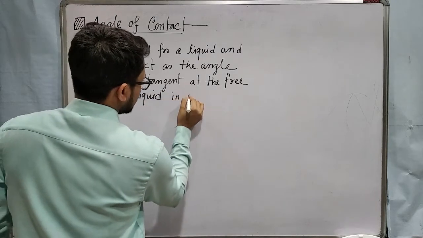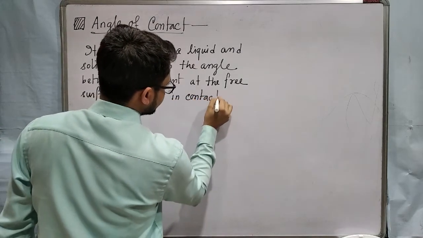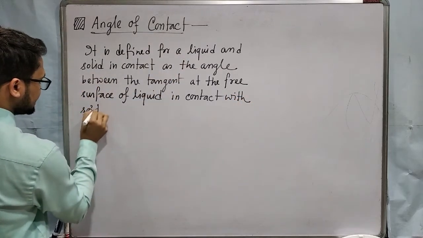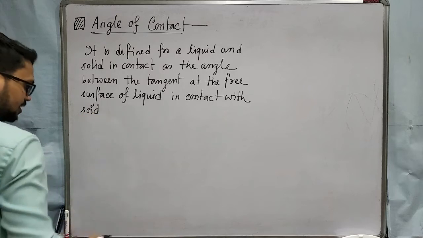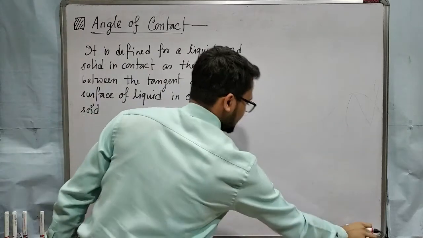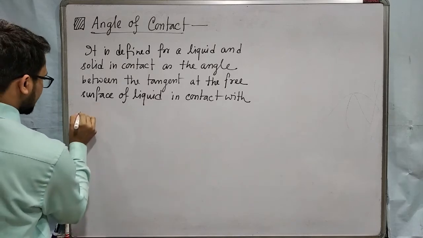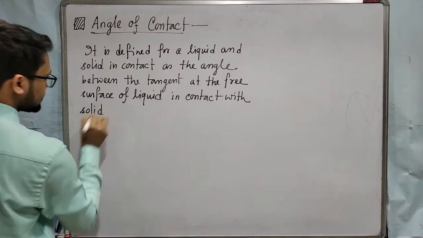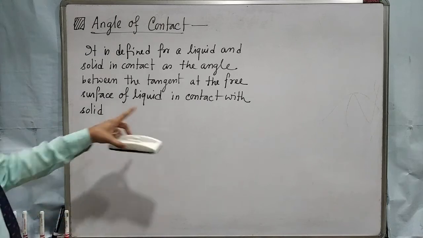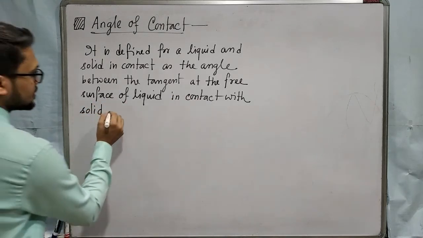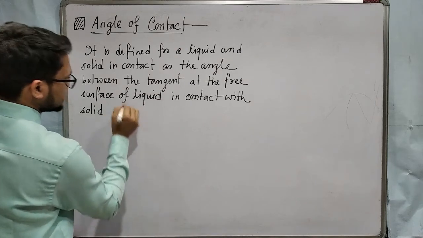So we will draw the tangent at those points of liquid free surface where solid is in contact with liquid. So this is one line.